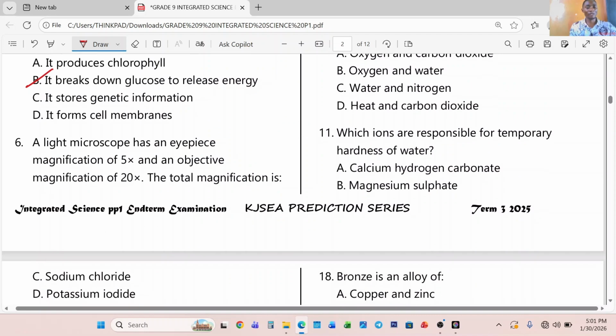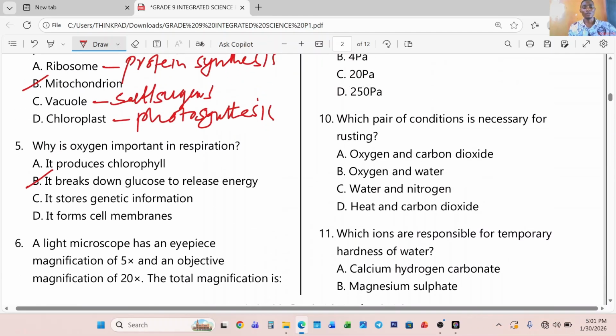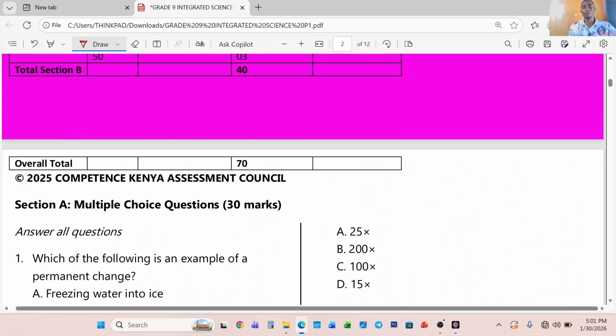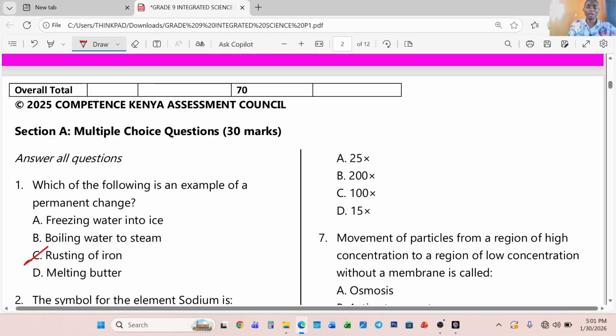Question number 6. A light microscope has an eyepiece magnification of times 5 and an objective magnification of times 20. The total magnification is, so how do we work out the total magnification? We need to understand the formula that we use to work out total magnification.